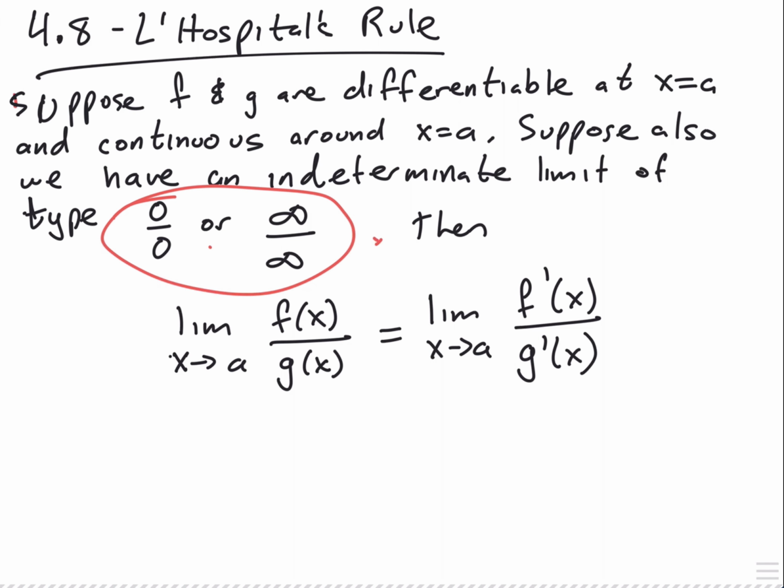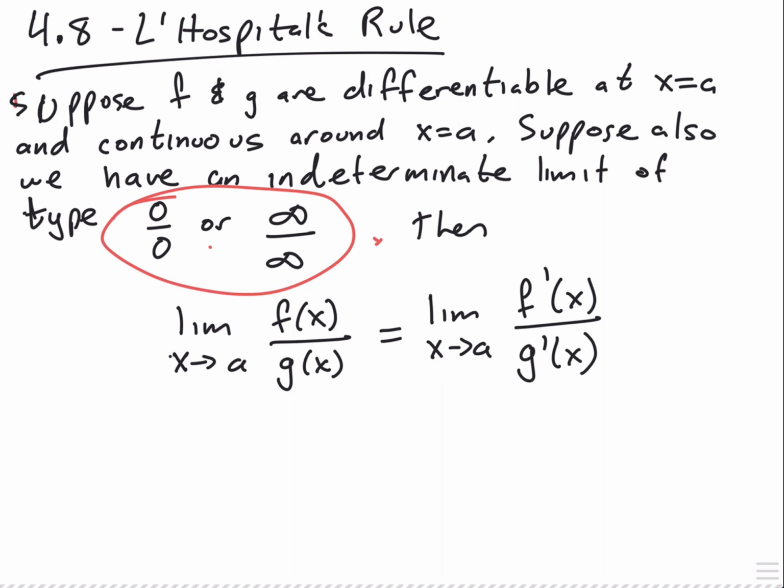So instead of looking at the limit of the quotient of the two functions, you say, okay, get the derivative of those two functions and then take that limit, see if it's easier to find. Notice, are we using the quotient rule here? No, right? You're getting the derivative of the numerator, derivative of the denominator, and that's it. So there's no quotient rule involved here.